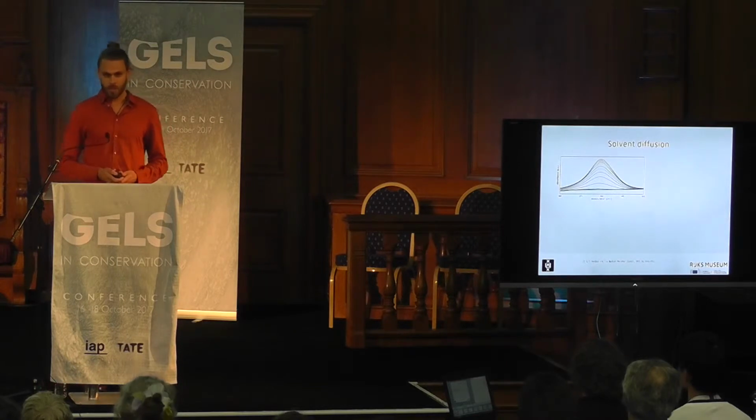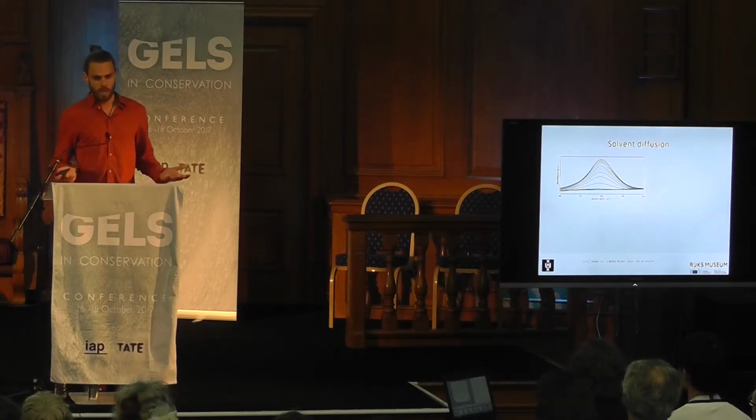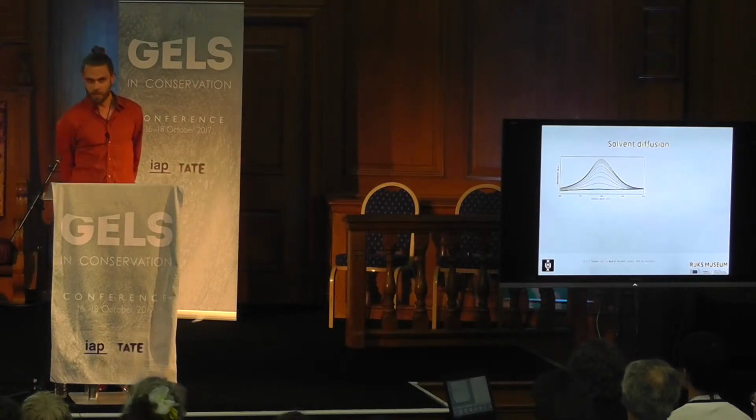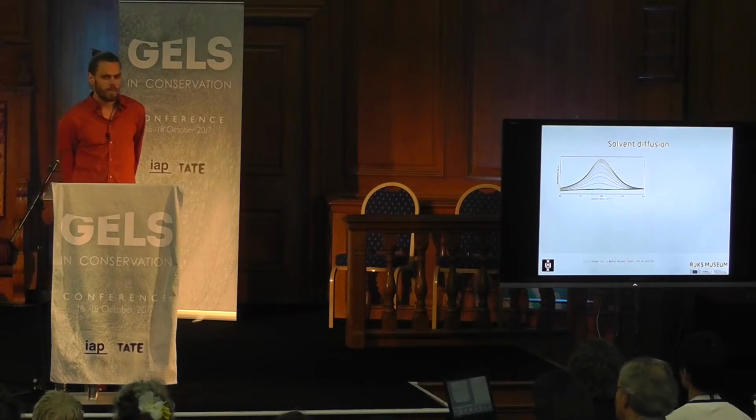So solvent diffusion in infrared spectroscopy, how does that work? Well, you have a certain infrared vibration that's characteristic for a solvent. And at time 0, you don't see any solvent at your detector.